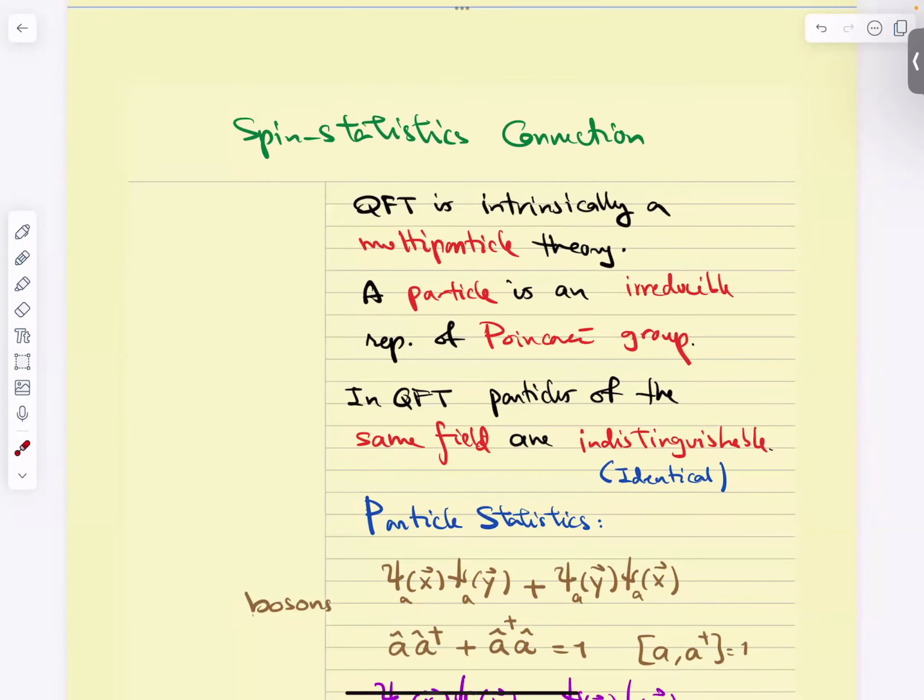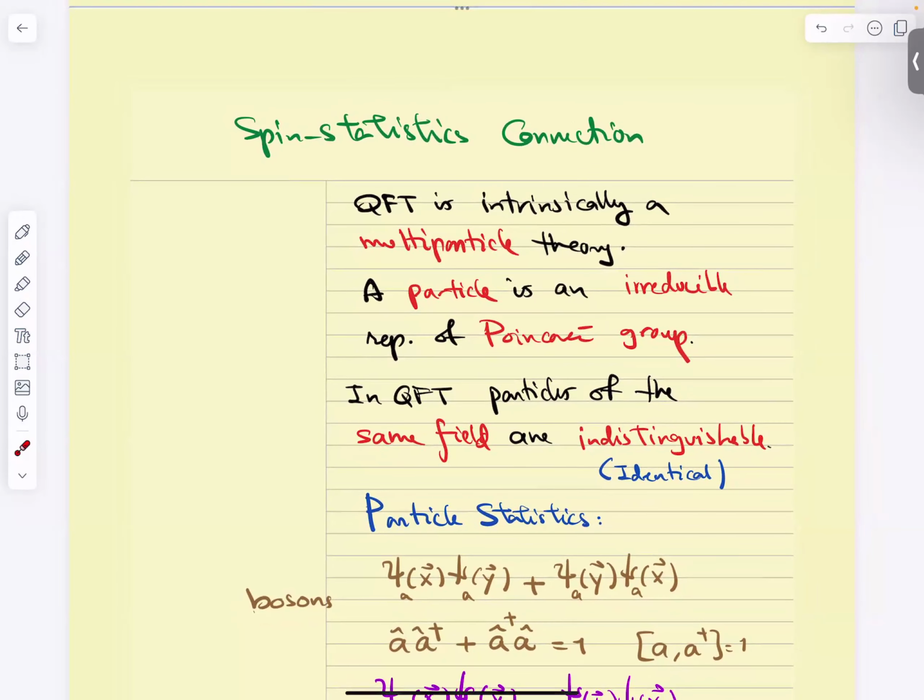So let's start with the connection between spin and statistics. We said quantum field theory is an intrinsically multi-particle theory. So you absolutely have to talk about two creation operators, or two particles, or three particles, or four particles.